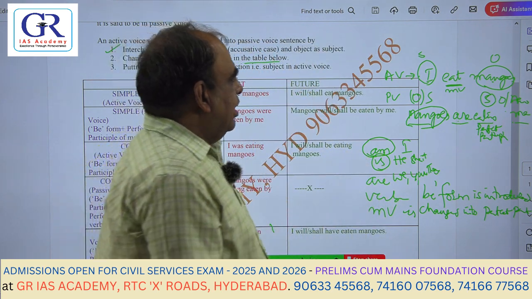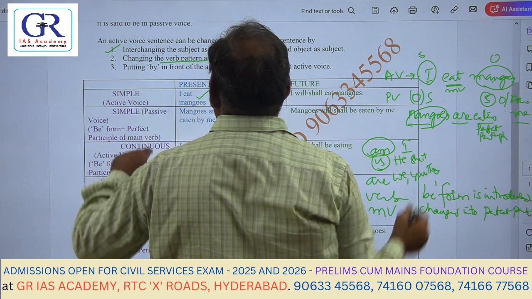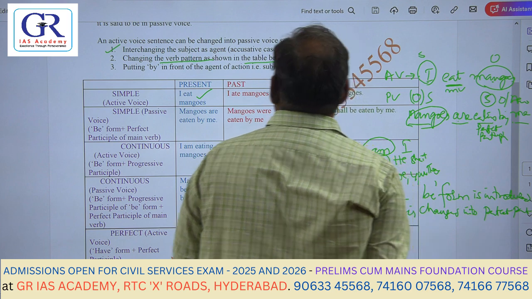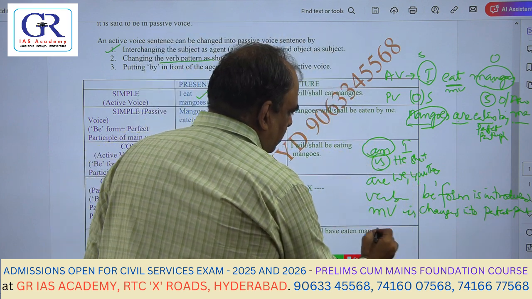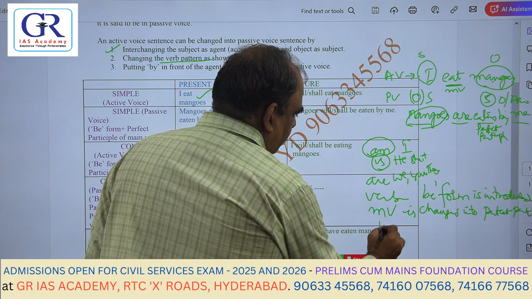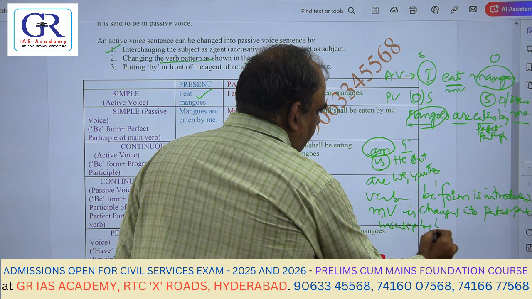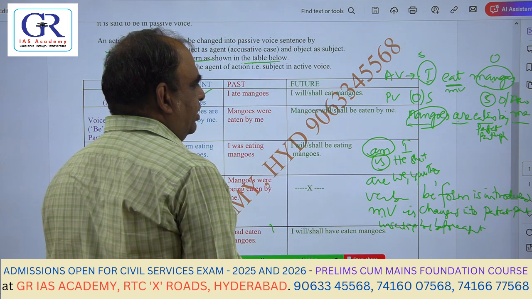And then one more thing: we have to use by before the agent. So we are putting by, inserting by before the agent. So what are the changes that we have done?